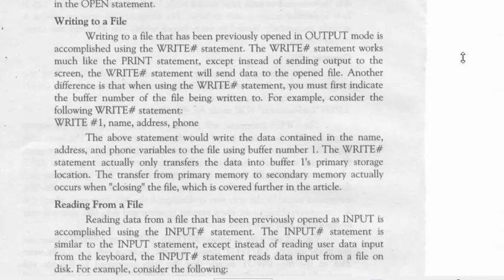As you have opened a file, now you want to write something that is permanently stored in that data file. So you will use this syntax: write #1. Then you will type the data that you want to store, like this one, write #1 name, address and phone, and it will be stored into the data file.